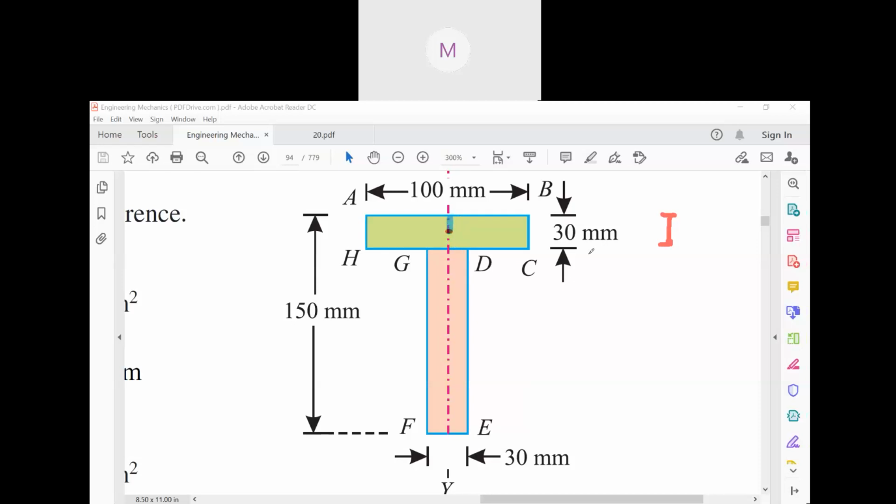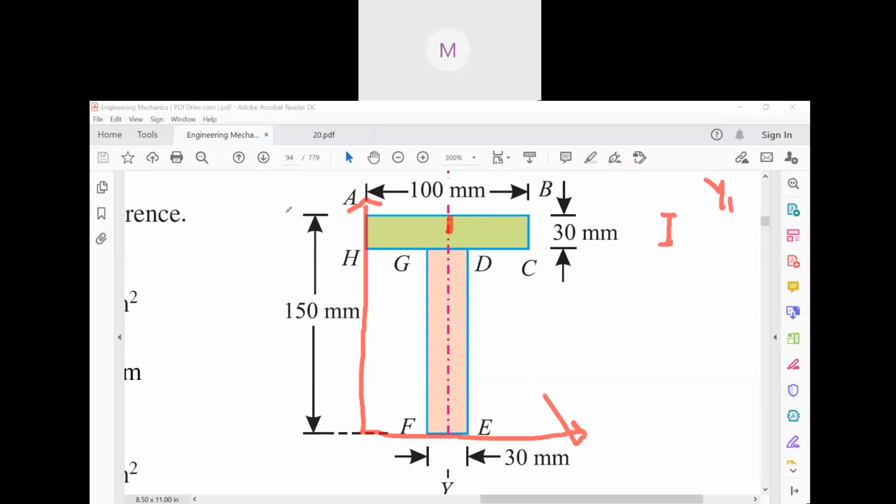Now for finding out the centroid, what I told you, you just draw one axis like this. Yes or no? I told you this. So you have to find out y1.